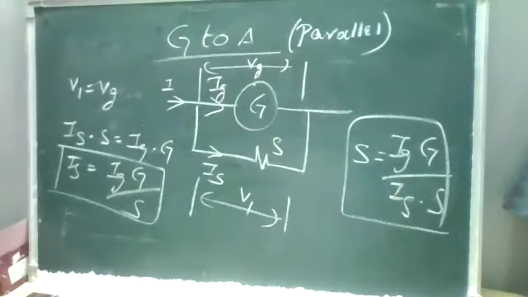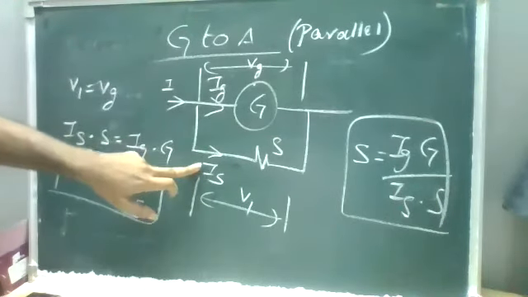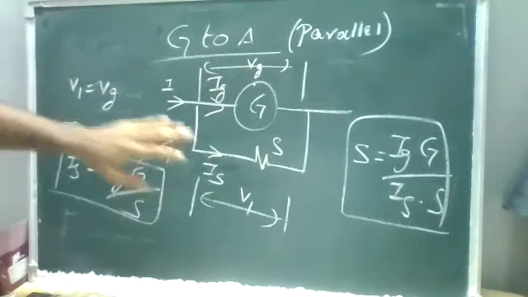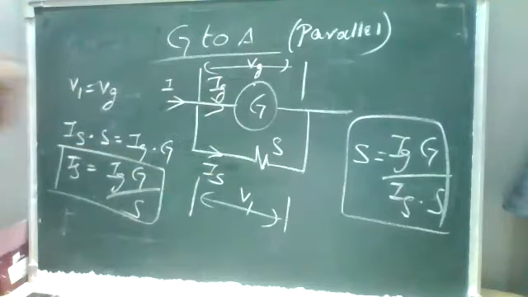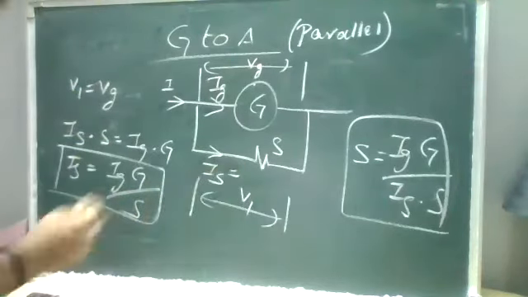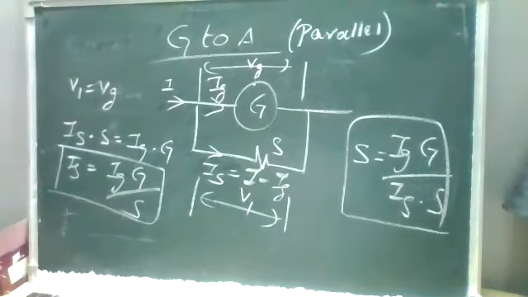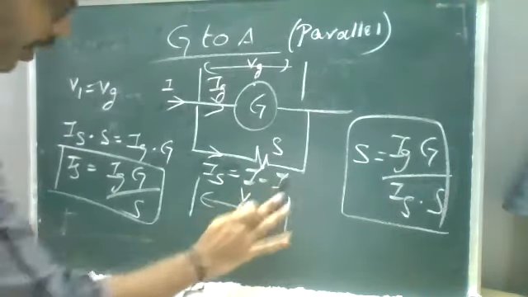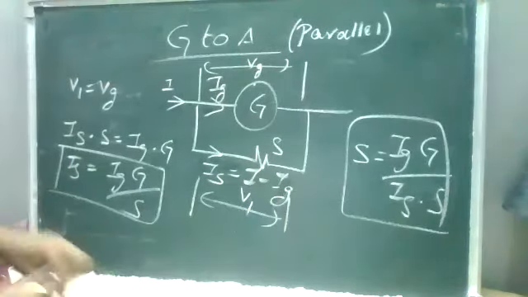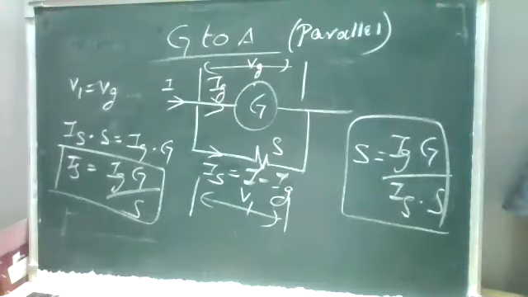Or if you want to find the small current, suppose I know only the currents I and Ig, I can write Is as I minus Ig. So to find the resistors or the currents, we use these relations.